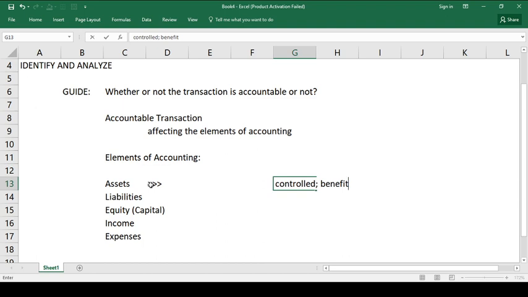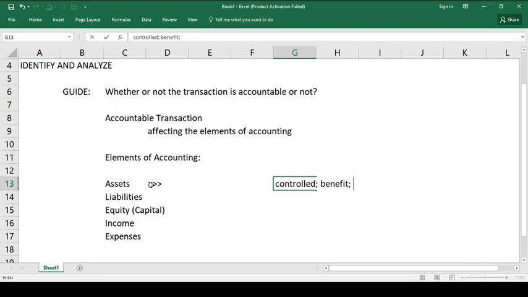You control a particular asset, and then from controlling it, you are able to earn something, and to earn or to gain a benefit from it, and that benefit, to be more precise, is an economic benefit that will flow to the business organization. Another characteristic in order for us to determine that it is an asset is that it can be measured.